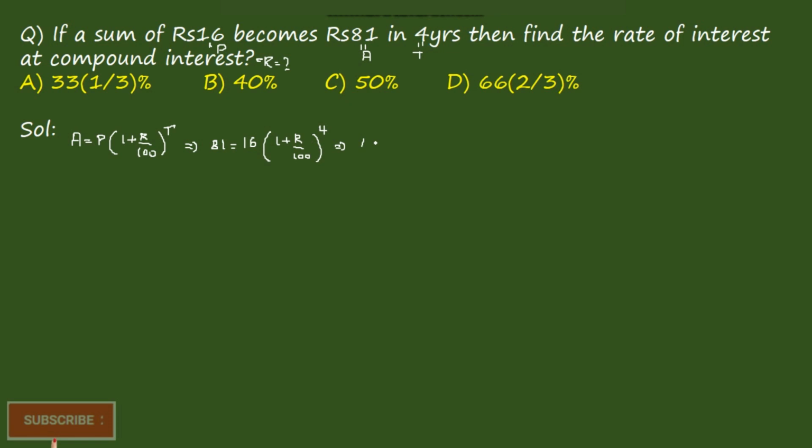We get 1 plus R by 100 is equal to the fourth root of 81 by 16, which is equal to 3 by 2, right? So R by 100 is equal to 3 by 2 minus 1, which is equal to 1 by 2, right? So R is equal to 50 percent. So the answer is option C.